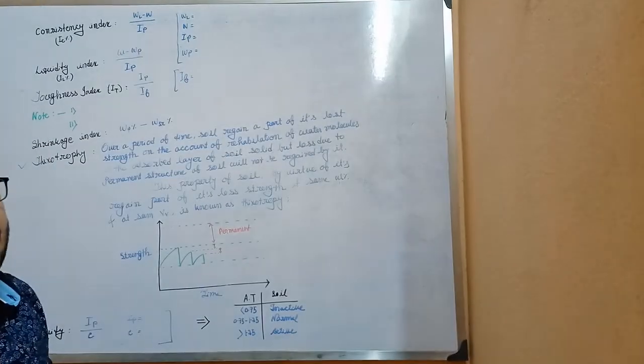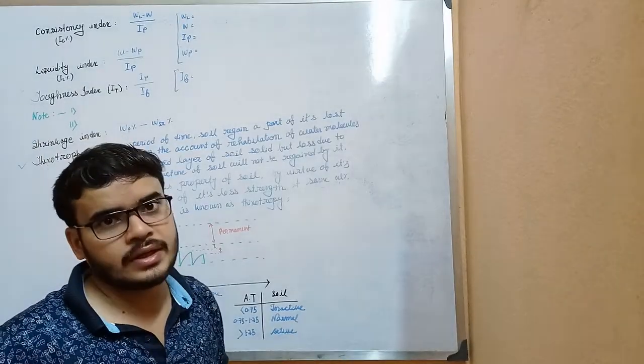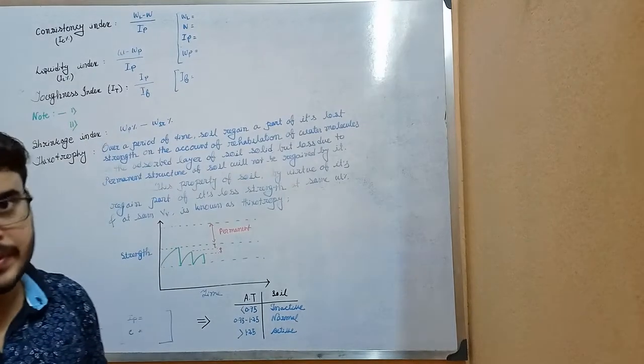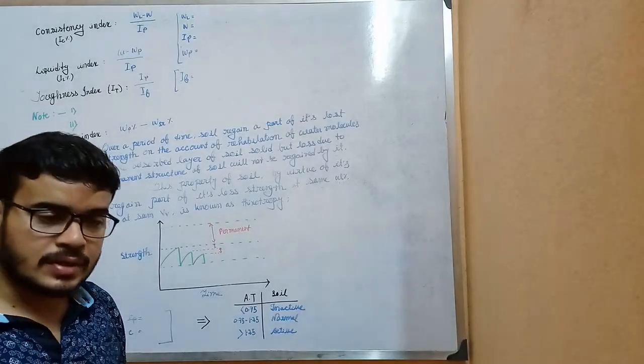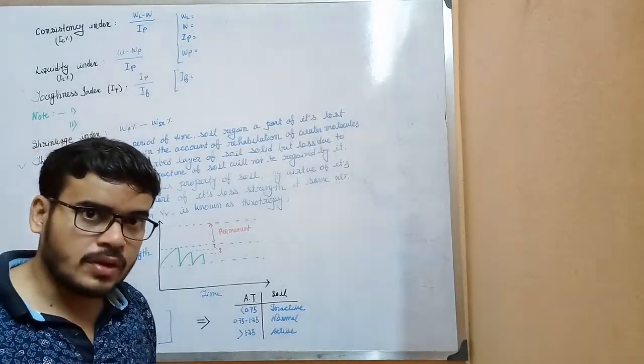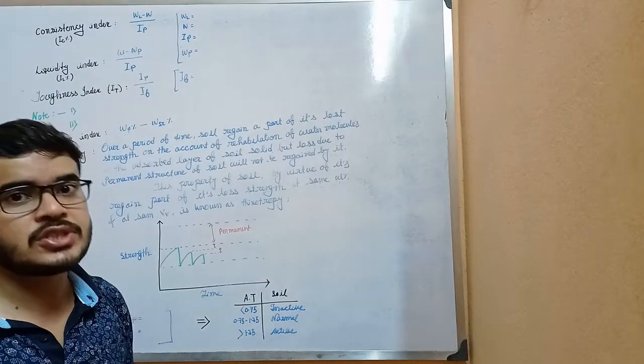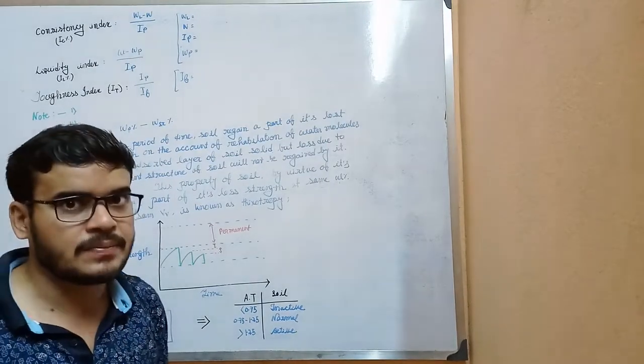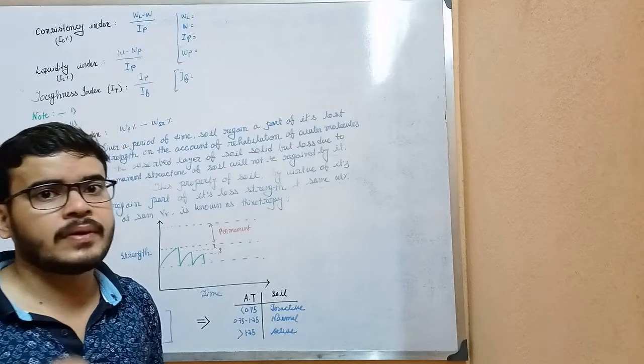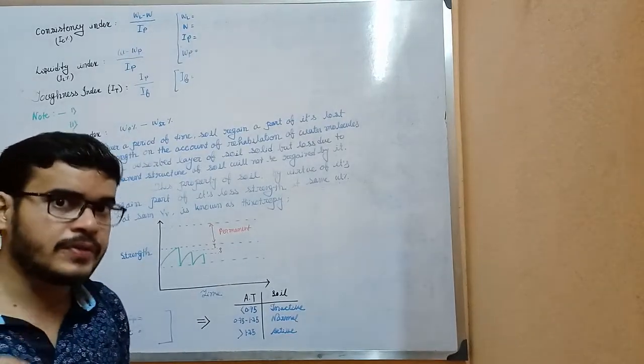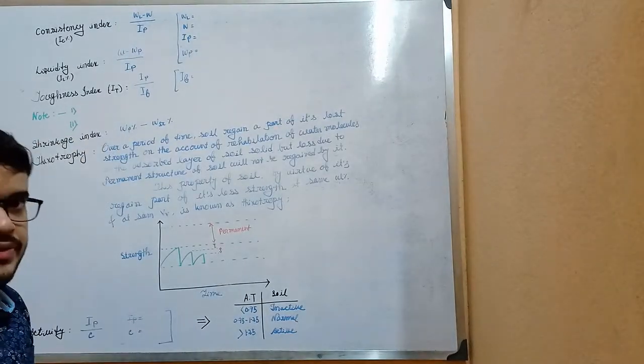That means when you apply some load, the soil will be compressed, and when you remove the load, the soil will not gain its previous strength or shape, but it will recover some amount of its previous strength.